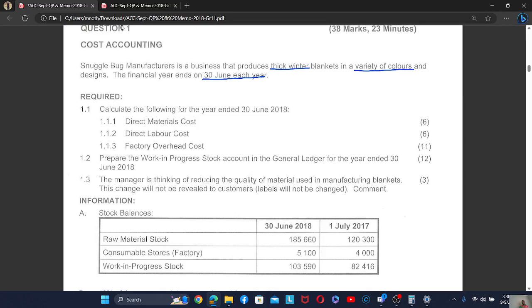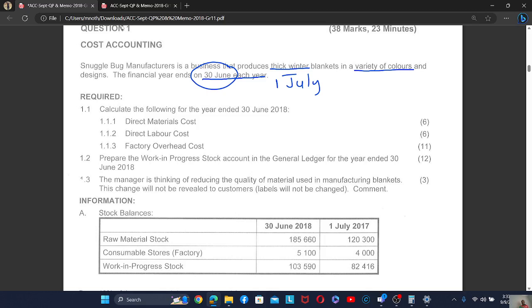So if the year ends on 30 June, it means that the year starts on 1 July. You need to remember that the year must have 12 months, right?